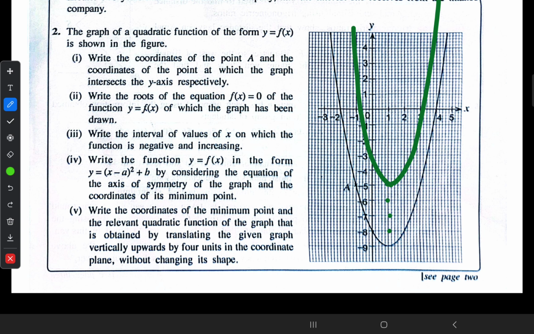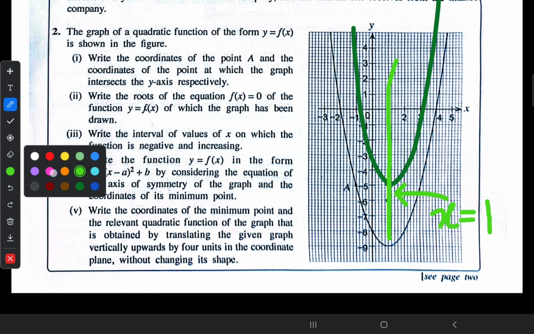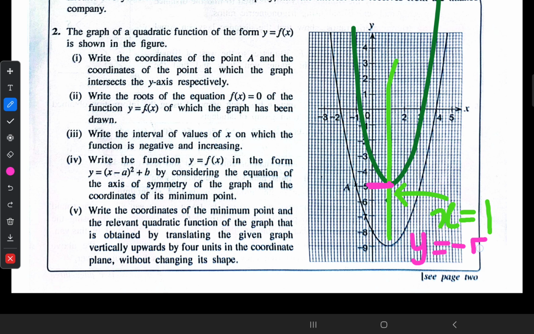So here we have to find the equation of this graph. To find the graph equation, what do you need to know? You should know the symmetrical axis, which is x equals to 1, and the lowest point, the minimum point of this new graph, y equals to negative 5.